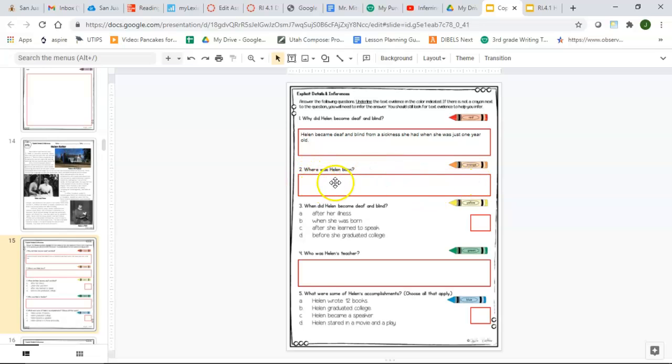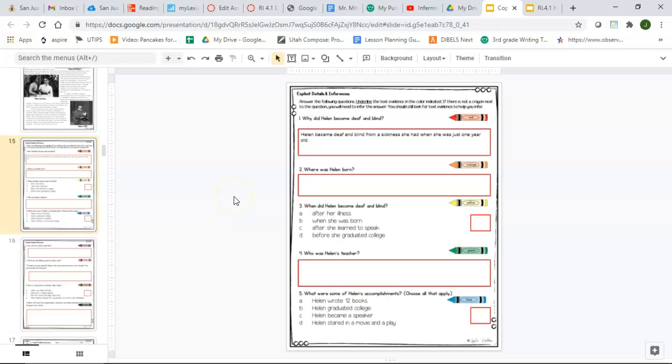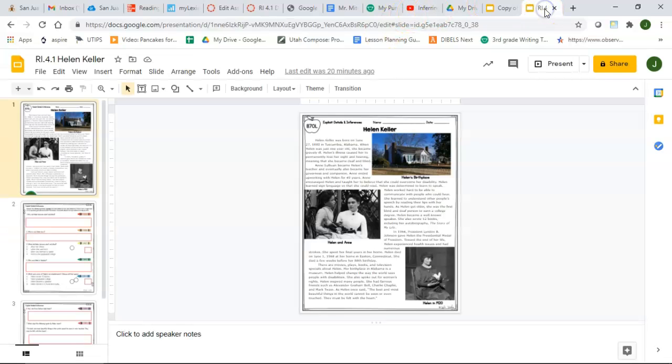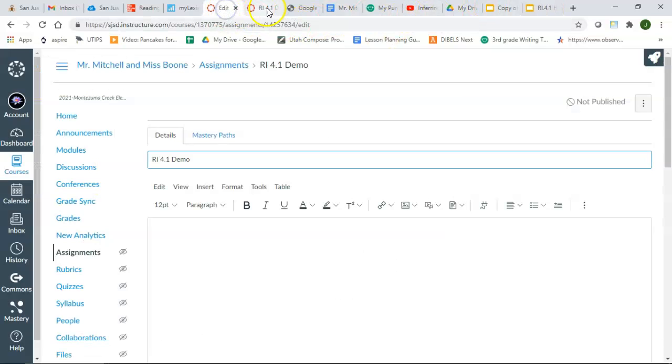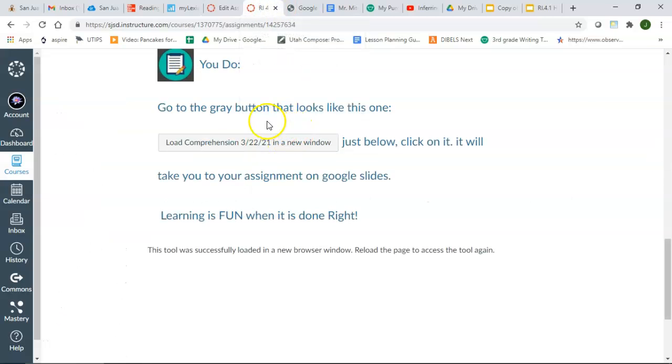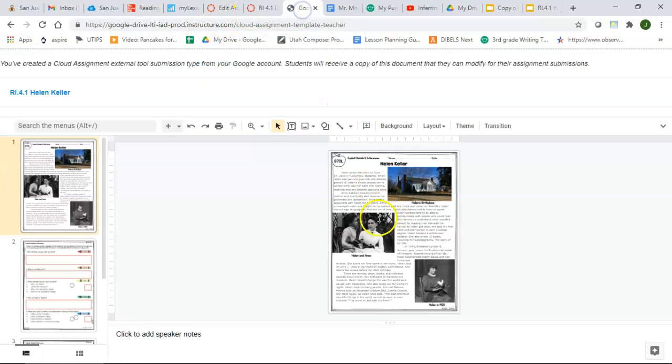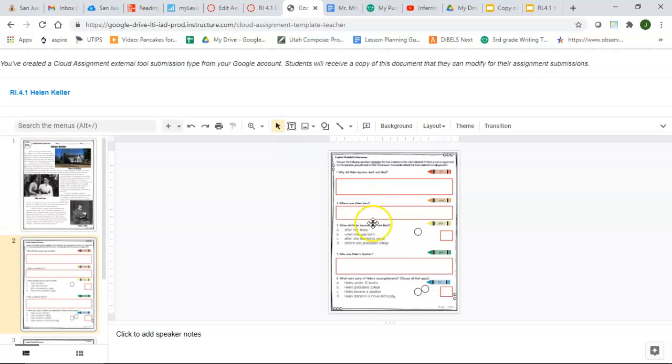But okay, so the next question was, where was Helen born? I want to look in the article and find that out. On this next question here, it says, when did Helen become deaf and blind? Now, on your paper, I'm going to have some circles already there.